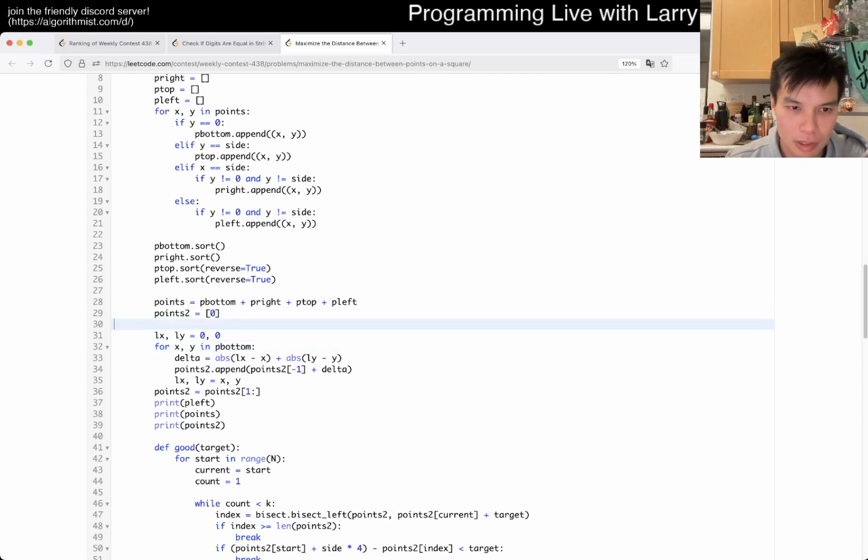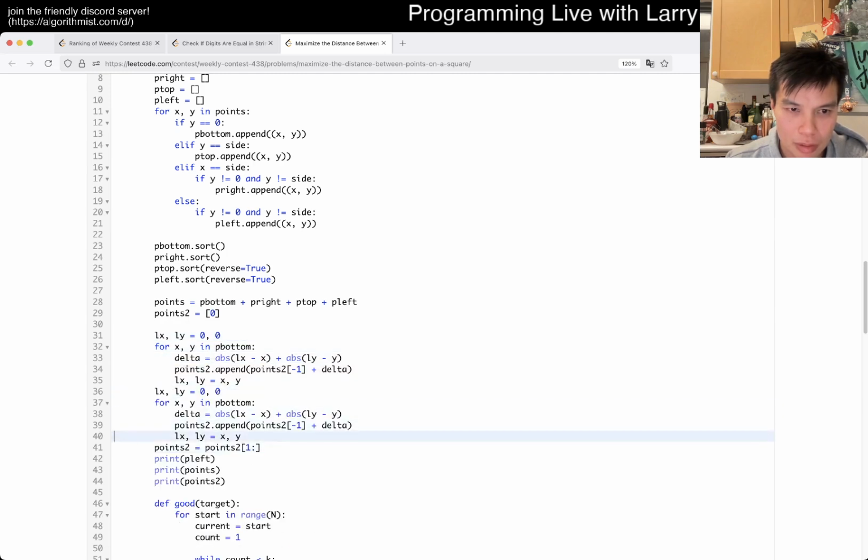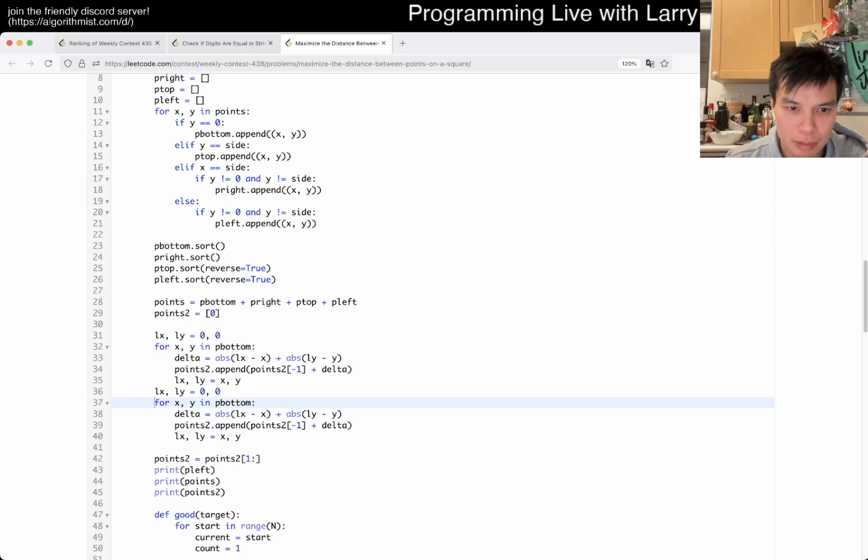Let's just do it this way. P bottom, P right. No, let's, okay, so then let's just do it.